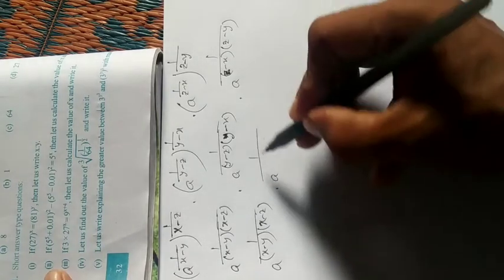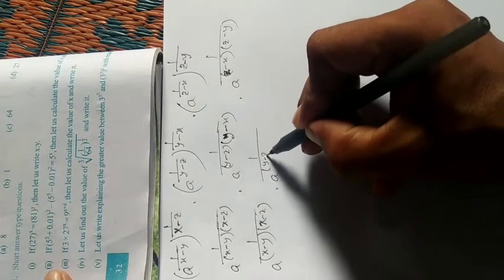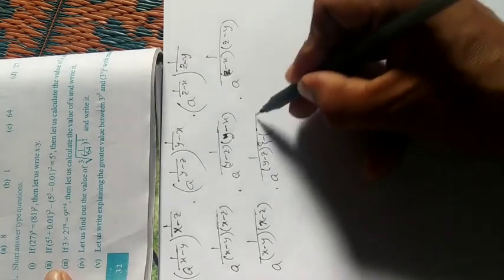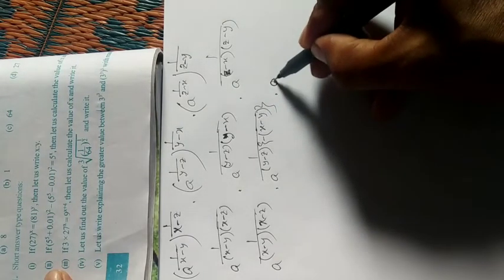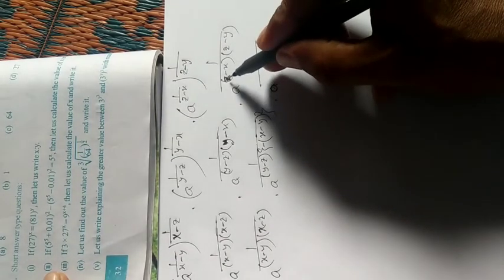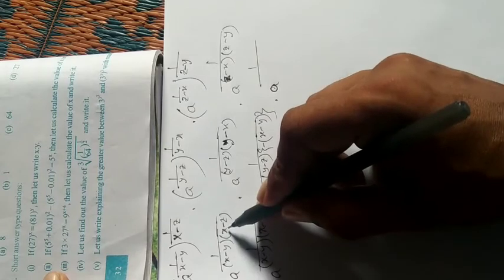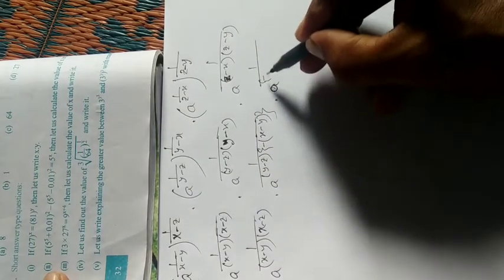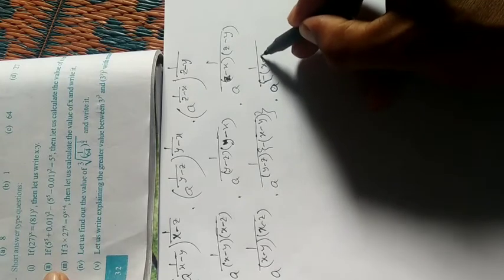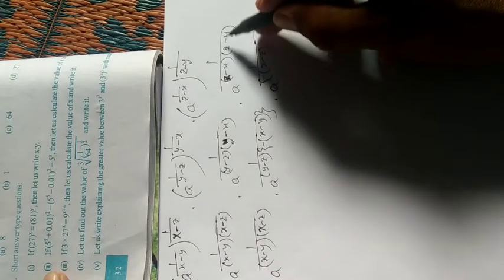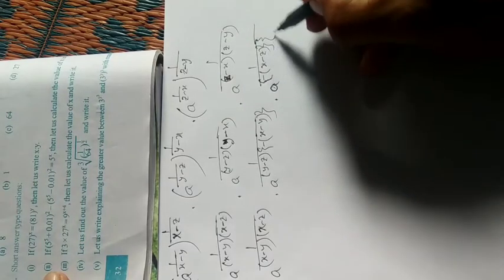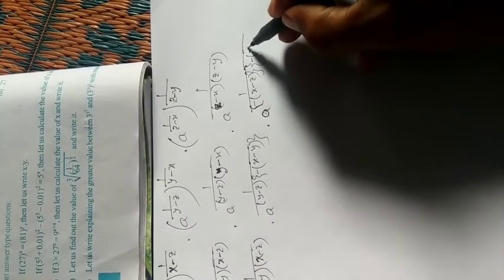Now a to the power 1 by y minus z, minus common here, and it is x minus y. Now a to the power z minus x is x minus z, so we have to take the minus sign common here, and it becomes x minus z, and there is z minus y, here y minus z, so we have to take a minus sign common here also, that is y minus z.